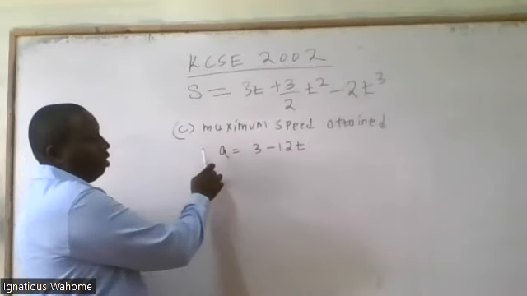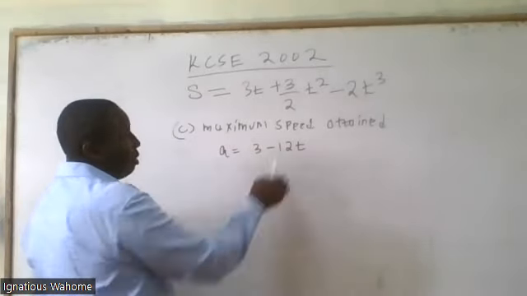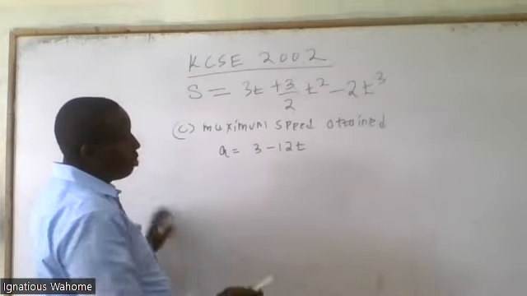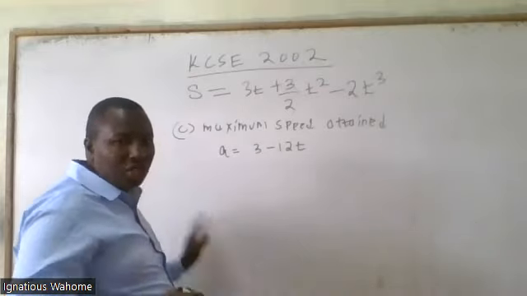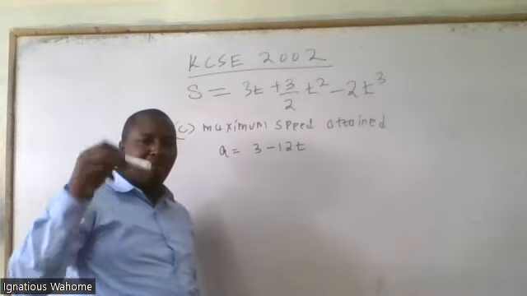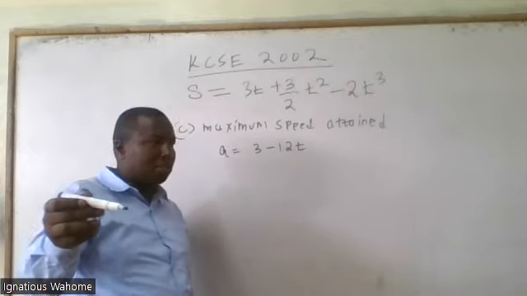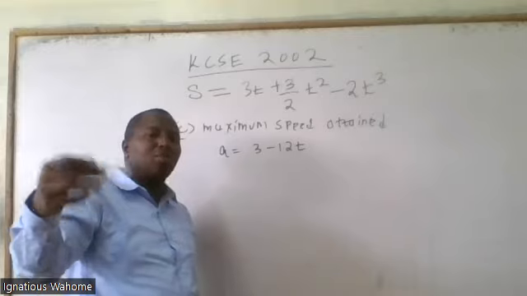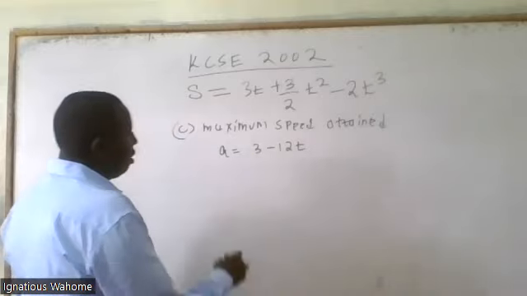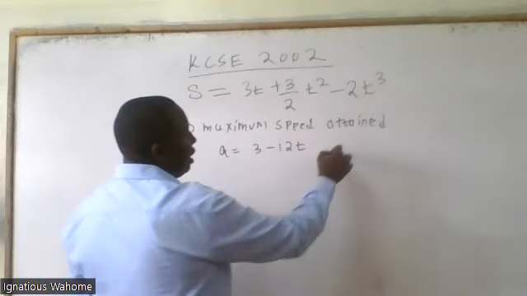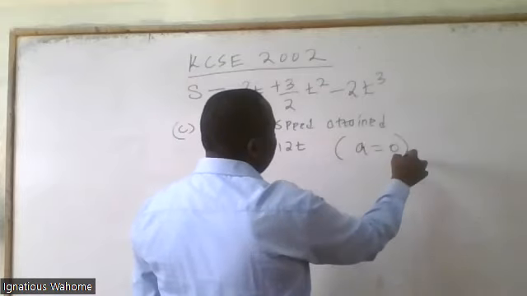Now, question 3. You are to define the maximum speed attained. In this case, maximum speed can also be called maximum velocity. So maximum speed attained is got when the acceleration is equal to 0.